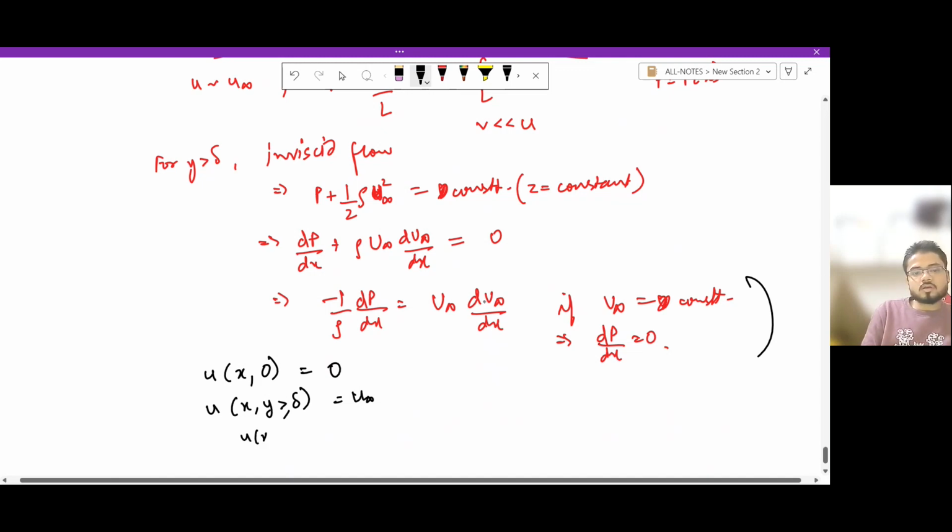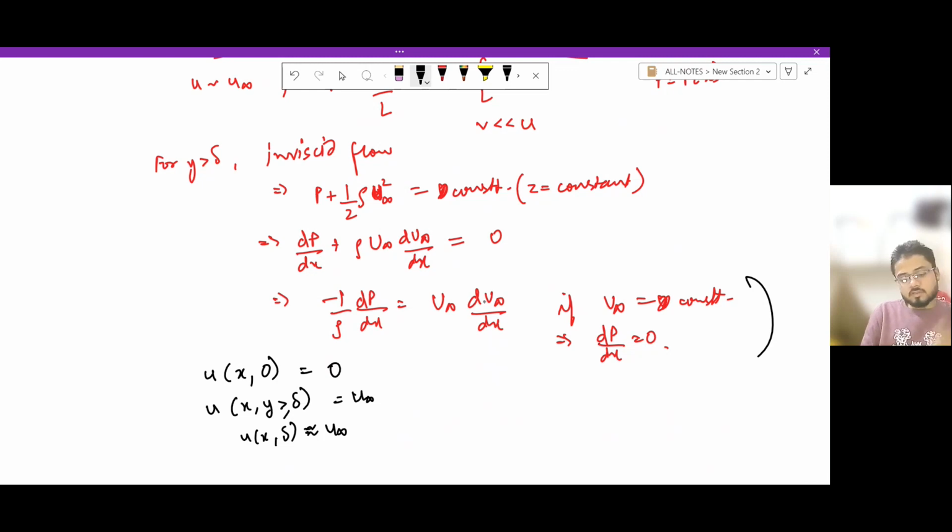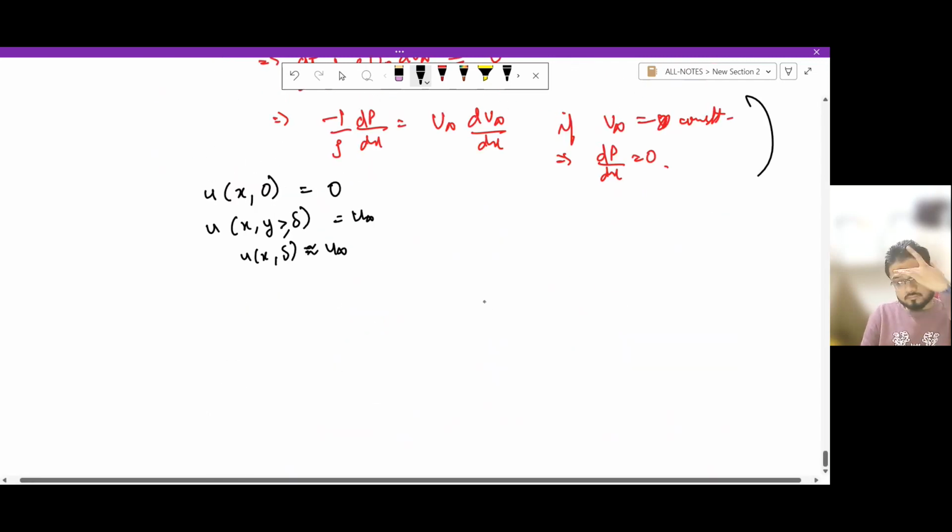So u at (x, delta) is also approximately u infinity. It's not exactly u infinity, maybe; it is something like 0.99 times u infinity. But we'll ignore those variations at the moment, for ease of calculations, of course.